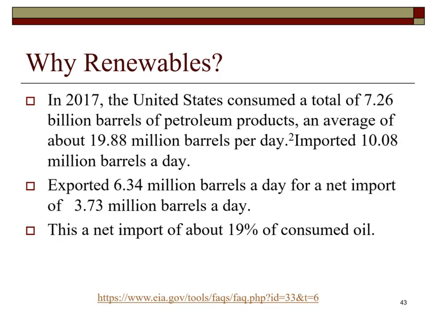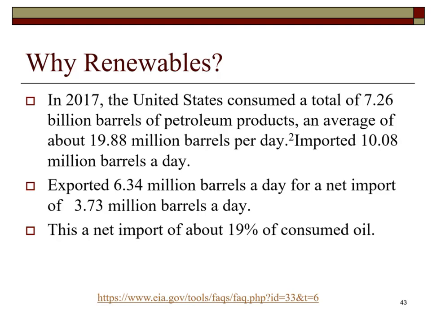In 2017, the United States consumed a total of 7.26 billion barrels of petroleum products, an average of about 19.88 million barrels per day, imported 10.08 million barrels per day, exported 6.34 million barrels a day, for a net import of 3.73 million barrels a day.